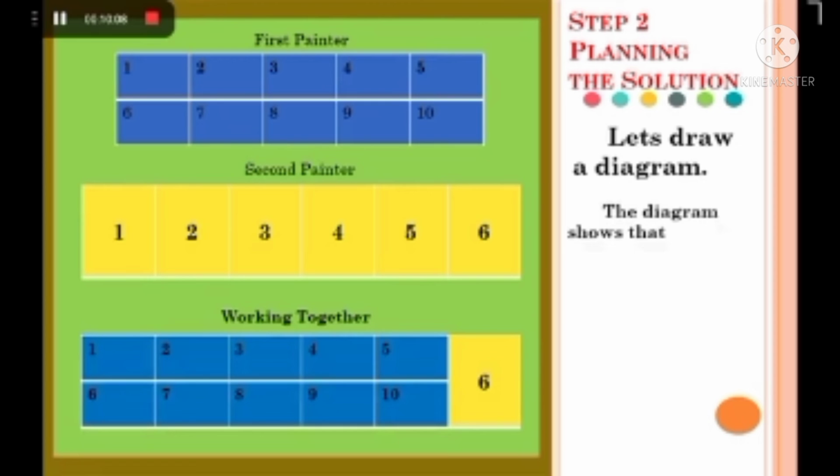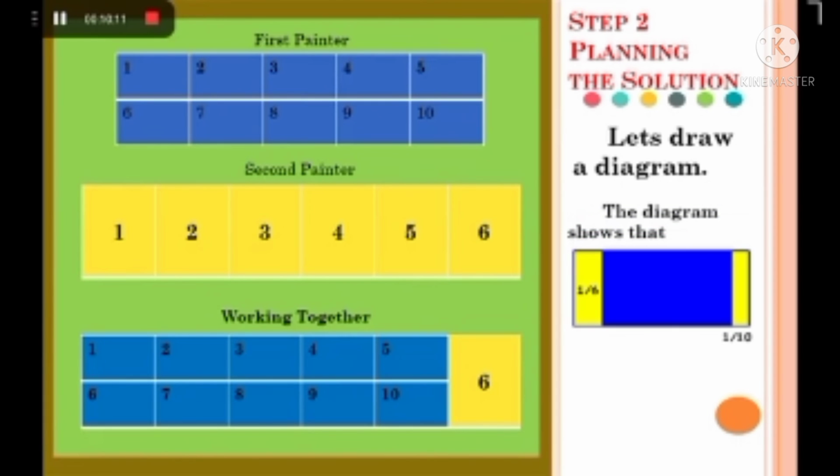The diagram shows that 1/6 of the wall can be painted by the second painter, and 1/10 of the wall can be painted by the first painter, where the numerator is the wall and the denominator is the minutes, or the time.